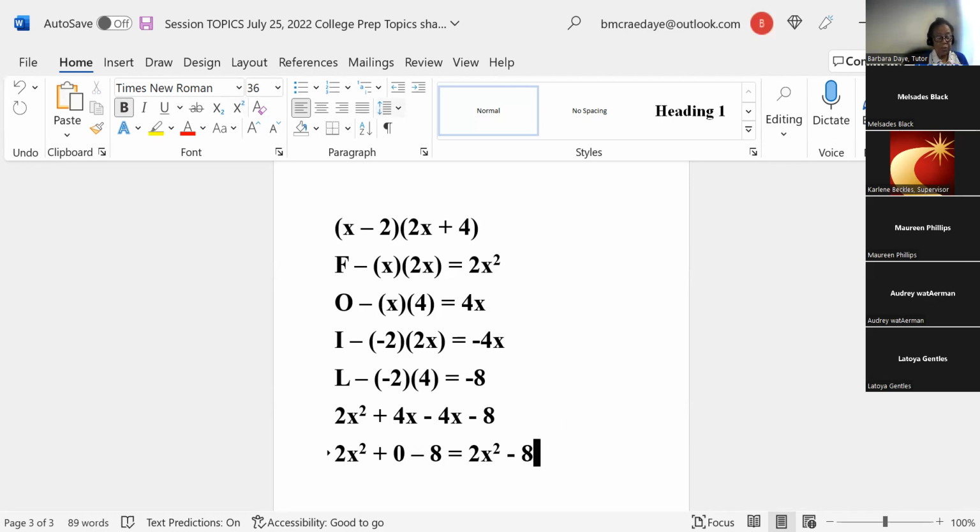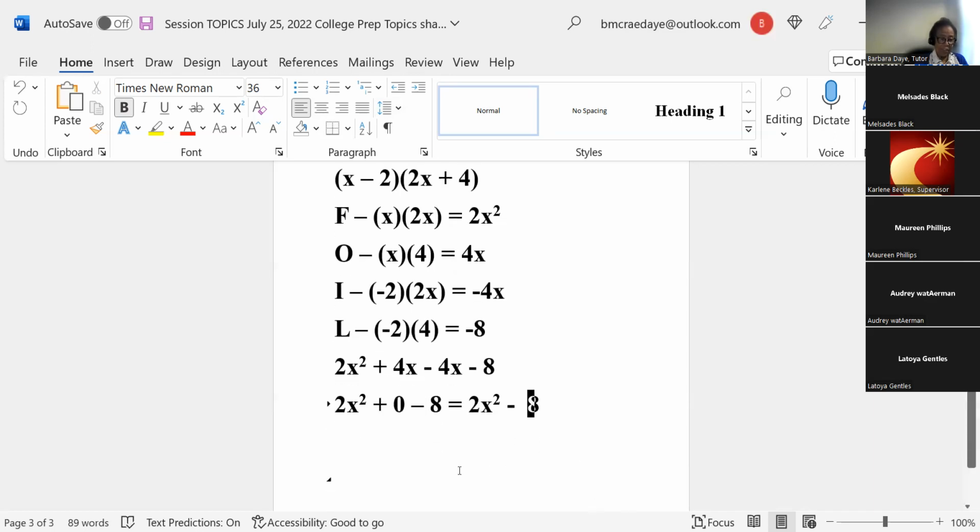Now you could simplify this. You could factor the 2 out and have 2 times x squared minus 4. The only reason you would do this is if you had multiple choice and that was not an answer, then you just factor out. Because sometimes you want to simplify.